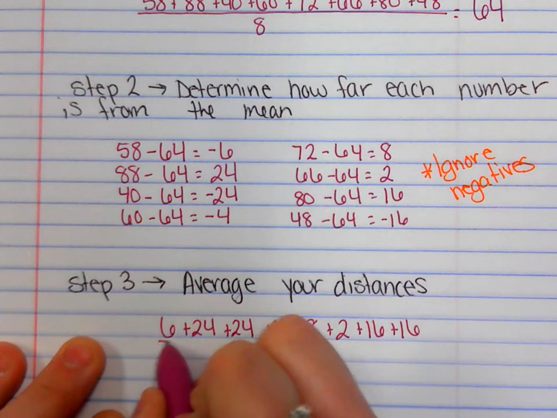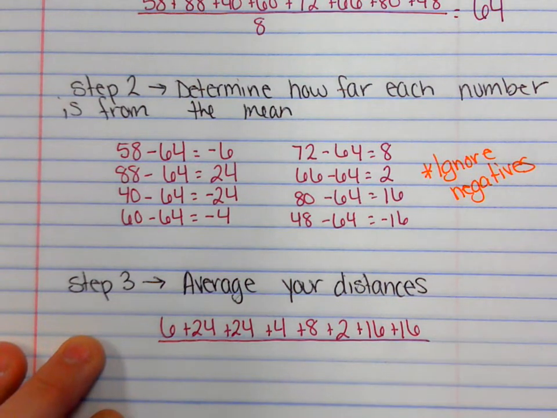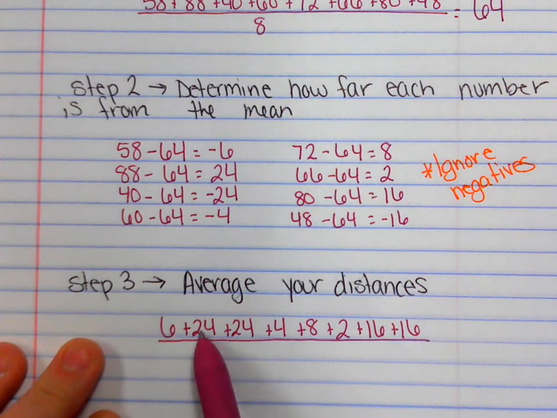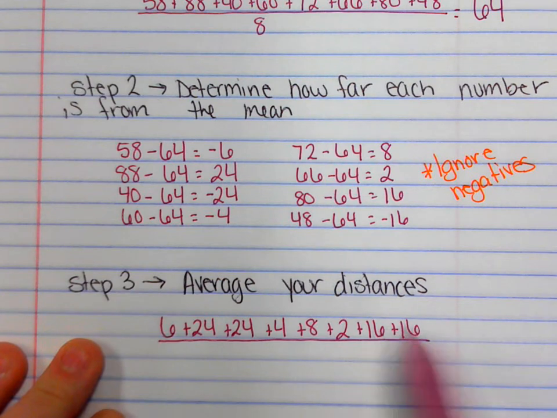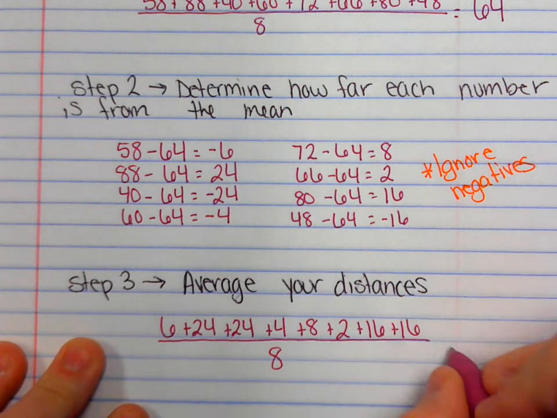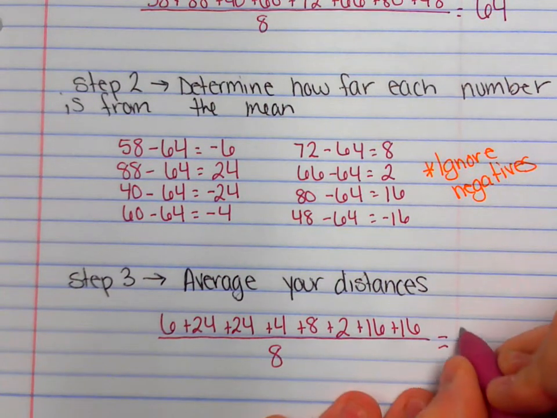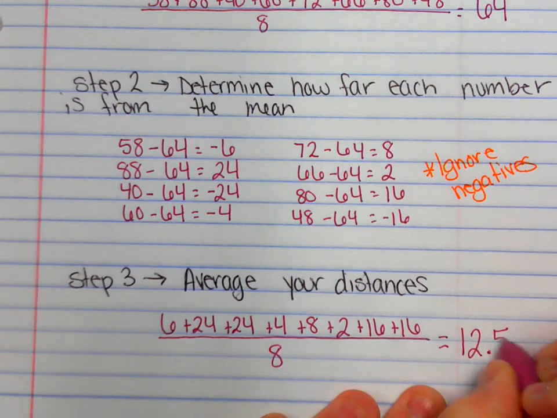We would add them all up and divide by how many numbers there are. 1, 2, 3, 4, 5, 6, 7, 8. You would get 12.5, and that would be your mean absolute deviation.